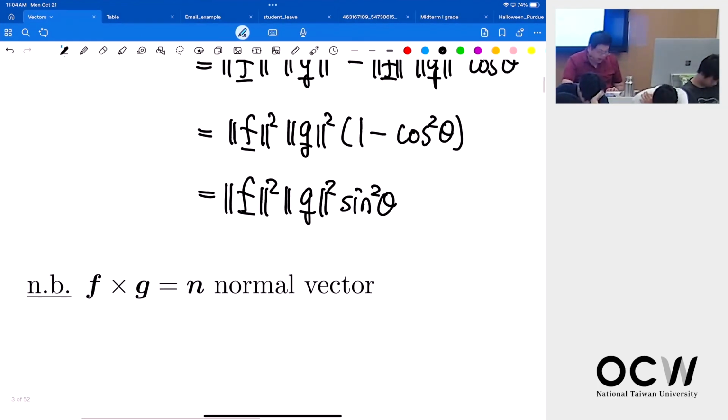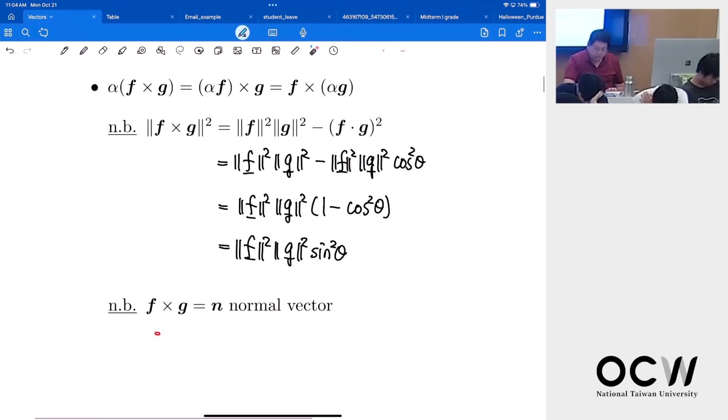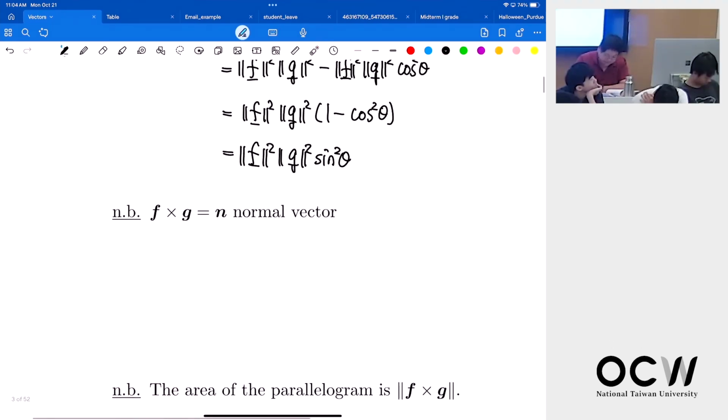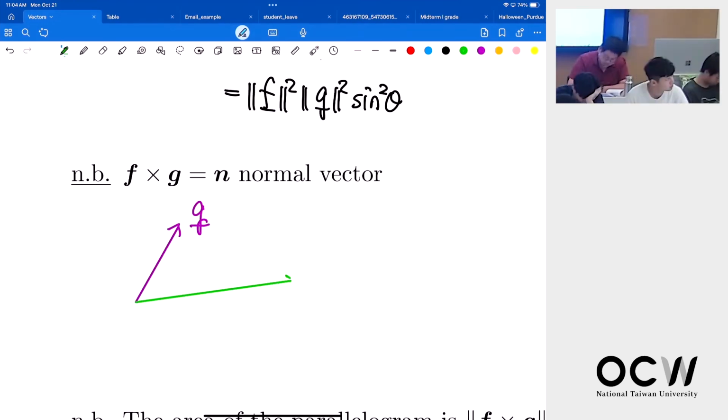And we say that the result of the cross product is a normal vector. The normal vector means it is orthogonal, or perpendicular, to the vectors f and g. So if I have f, and suppose I have a g here. This is g. Here's f.